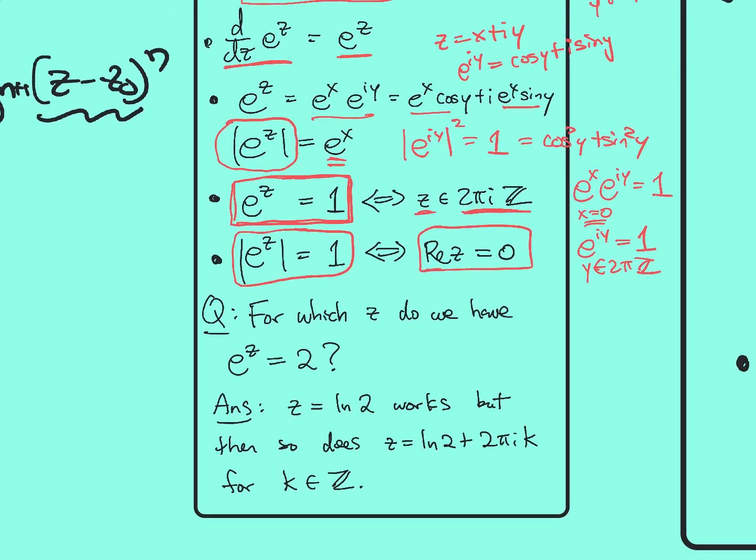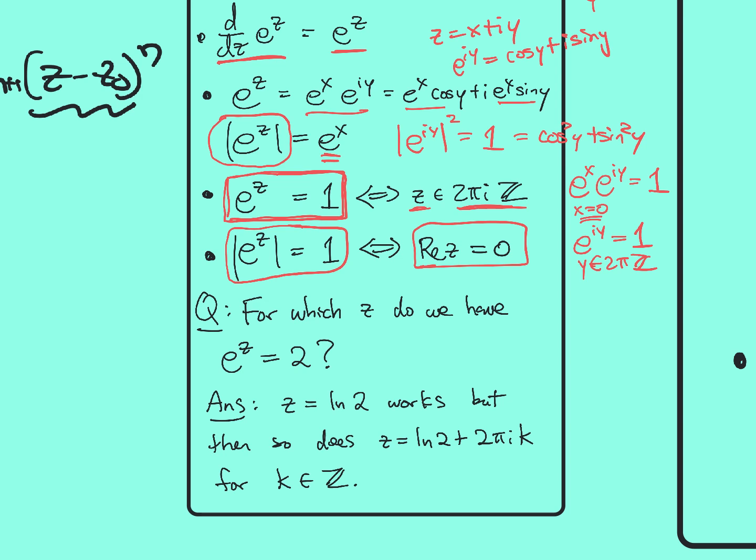And we can answer other questions here. Like, for which z is e to the z equal to 2? We could go through the same procedure. When do I have this? Well, the modulus of e to the z is e to the x, so we would still have e to the x equals 2, so x would have to be natural log of 2.